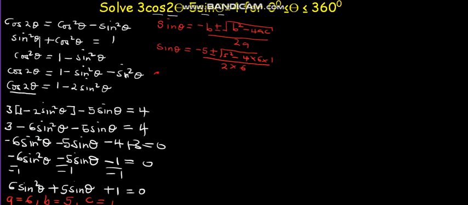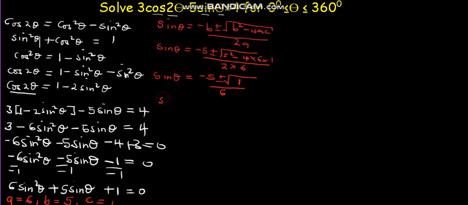So sine theta is equal to negative 5 plus or minus a root. We have 5 squared, which is 25, minus 4 times 6 times 1, which is 24. Therefore 25 minus 24, the answer will be 1 out of 6.